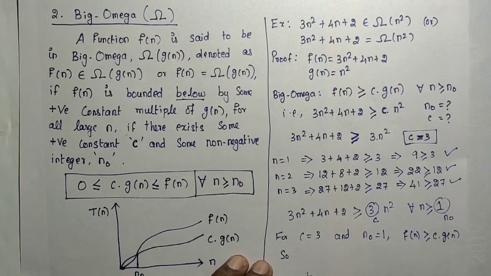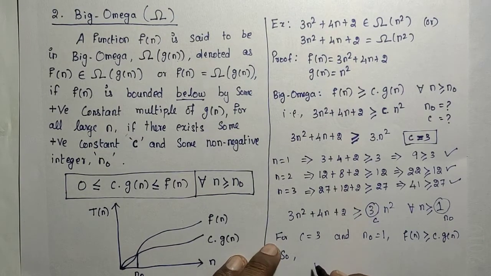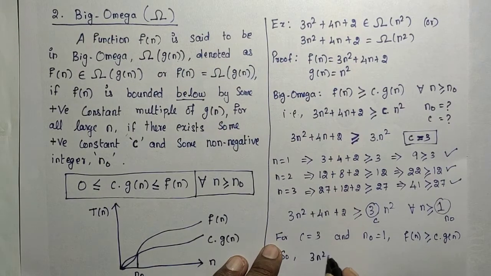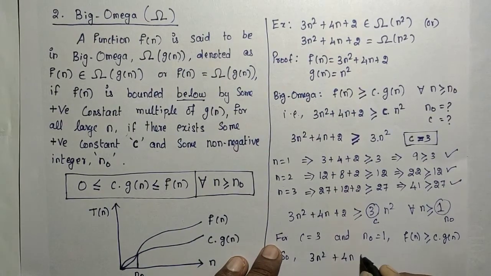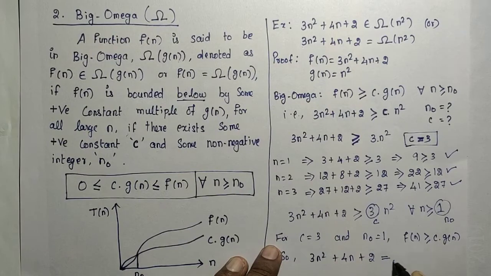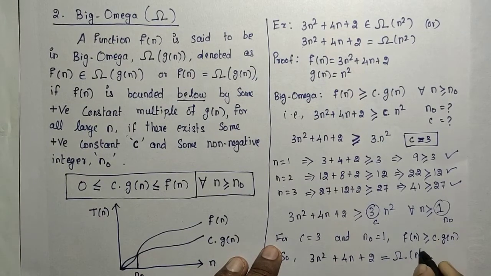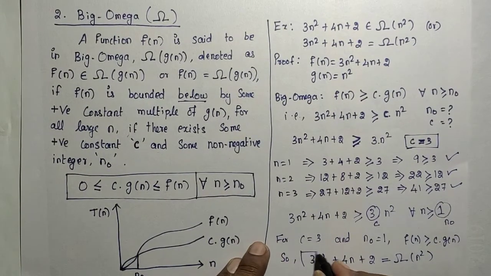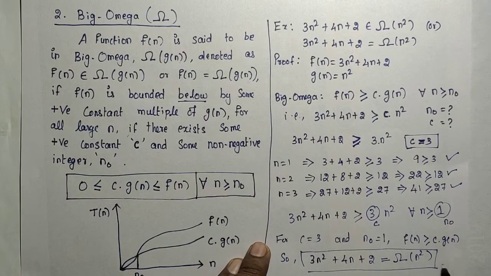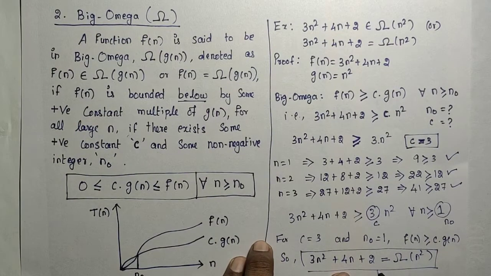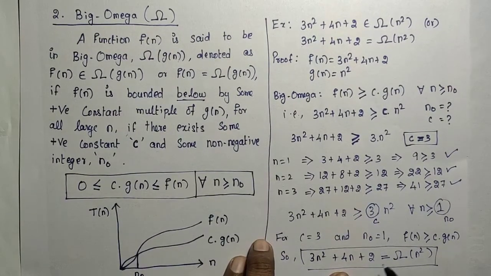So we have proved that 3n squared plus 4n plus 2 is omega of n squared. The rate of growth of this function will not go below the rate of growth of n squared, so we can say this is omega of n squared.